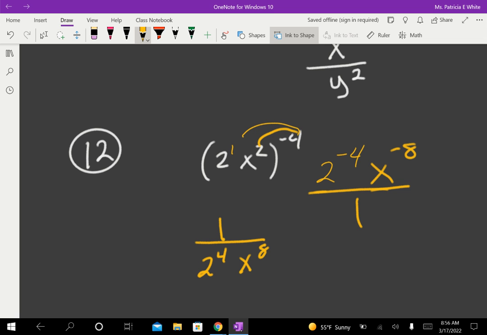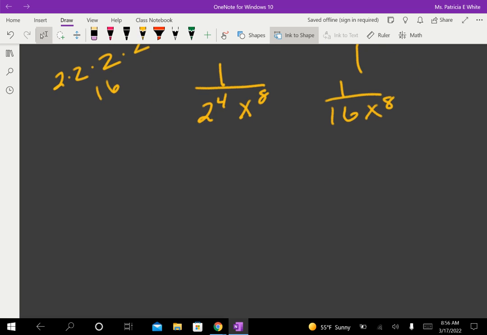And again, once I move them, those exponents become positive. The only other thing, 2 times 2 is 4, times 2 is 8, times 2 is 16. So when I have 2 to the 4th, I have 16x to the 8th.